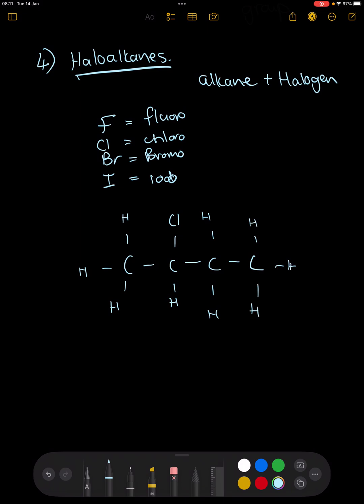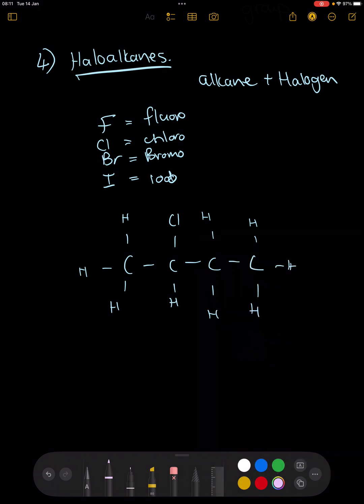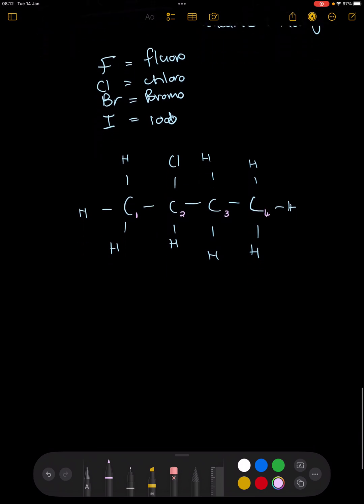Once again, I need to number it because I need to state with my IUPAC rules exactly where the chlorine is found. So we're going to start numbering it from this side because it's the side that's closest to my haloalkane. So at the front I'm going to say 2-chloro, and then I'm going to follow it up with my butane.